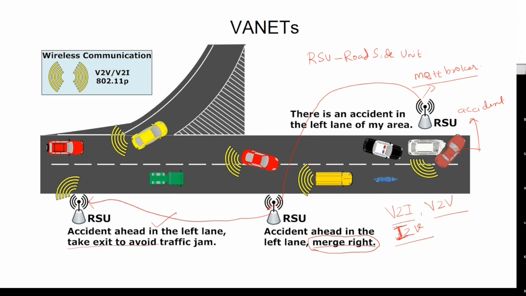So it asks them to exit. See that the yellow vehicle moving in the left direction automatically moves aside because of the accident reported by the roadside unit. This is an example of vehicular ad hoc networks.